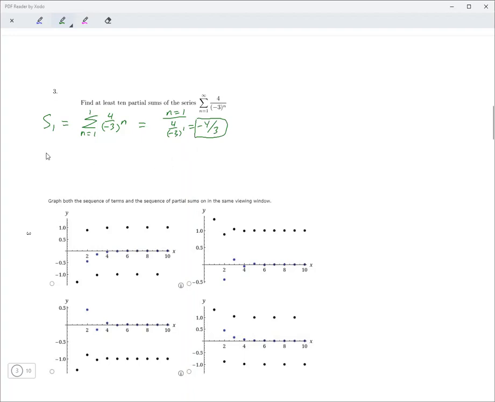Okay, S2 will be where you're taking this -4/3, which was your first term, and you're adding when n equals 2. So if you put a 2 in for n, you get that.